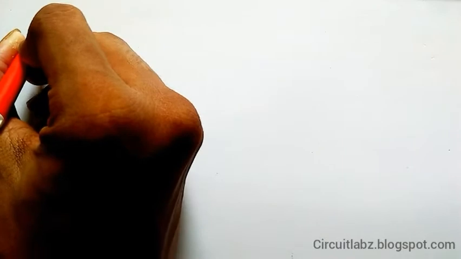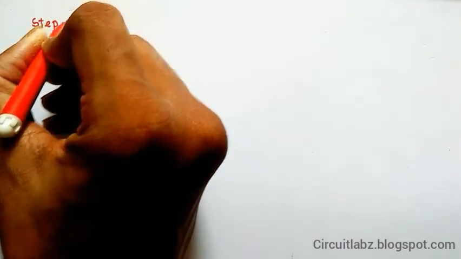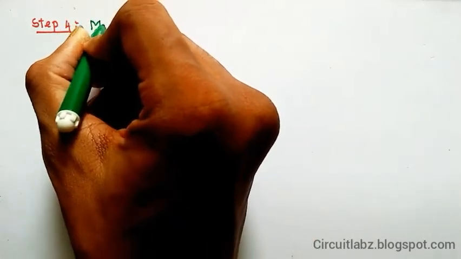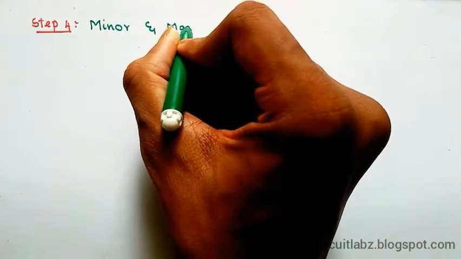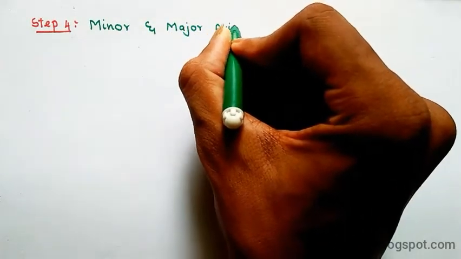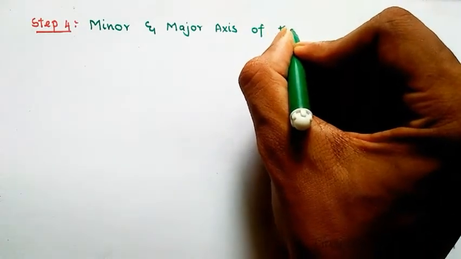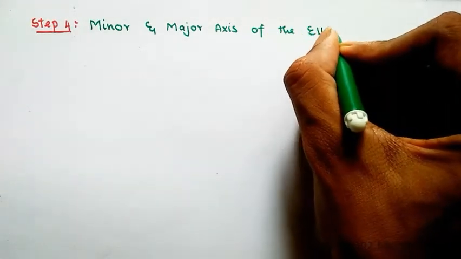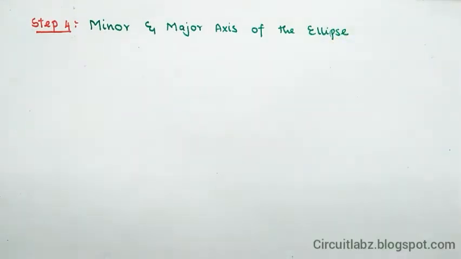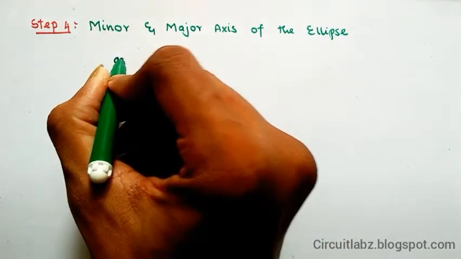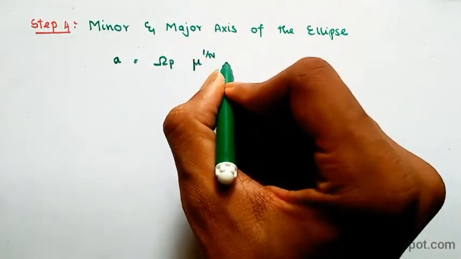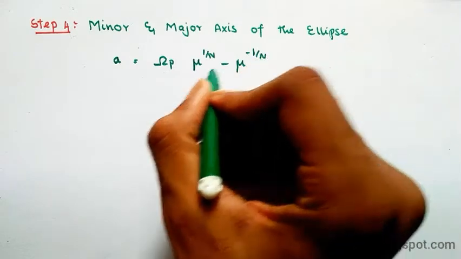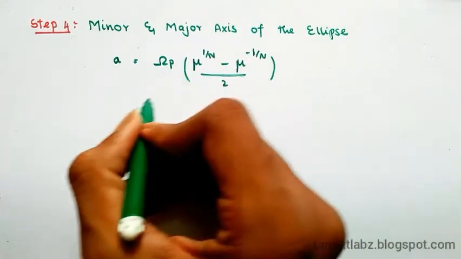Now we are going to step 4. In this step, we will find the minor and major axis of the ellipse. The formula for this: the minor axis, denoted by A, is equal to omega p times mu to the power 1 by n minus mu to the power minus 1 by n, divided by 2.